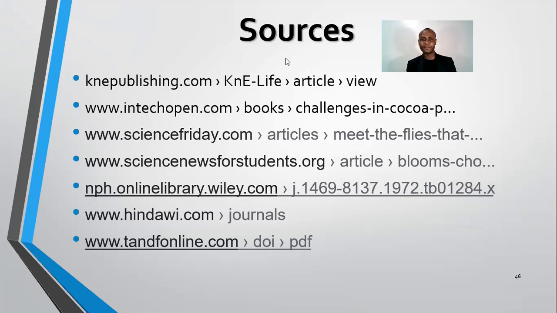So you can get scion, or grafting material, from those particular trees, and then you can introduce them.